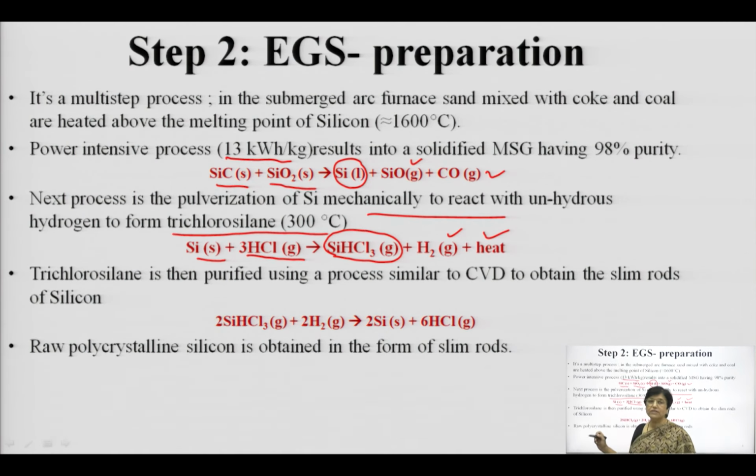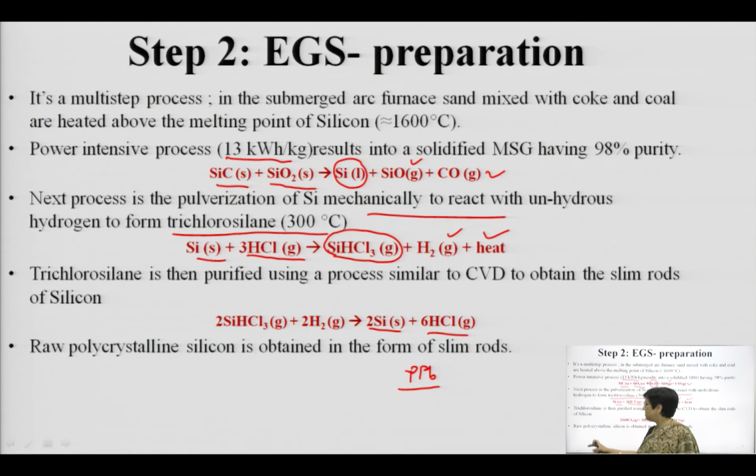The trichlorosilane is then purified to obtain silicon, and this silicon has comparatively less impurity. The impurities are of the order of parts per billion; you will have some metallic impurities, oxygen and carbon impurities, which are manageable.